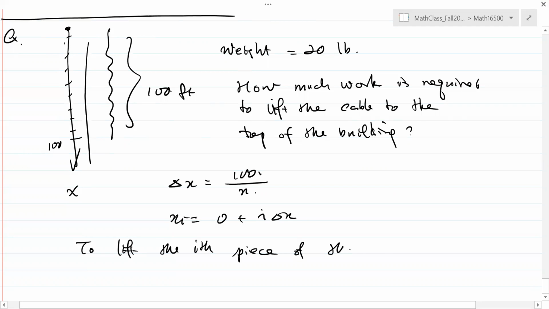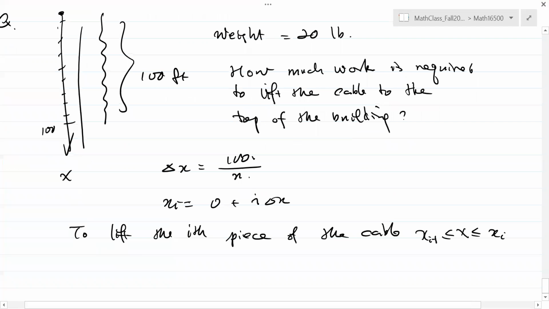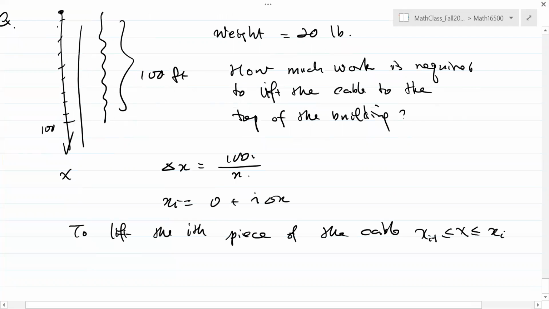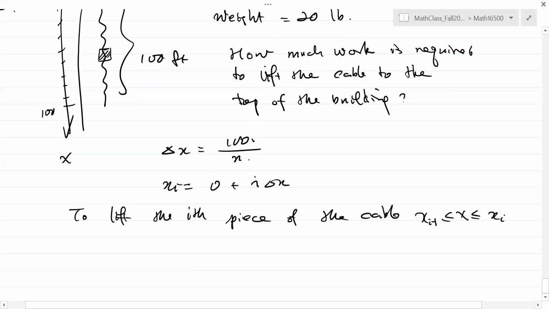to lift the ith piece of the cable, defined by x(i-1) less than x less than xi, you need to find how heavy it is, right? At this size piece. So the density is going to be 20 over 100.